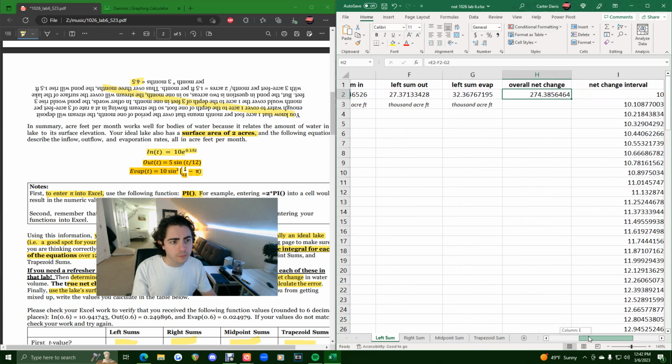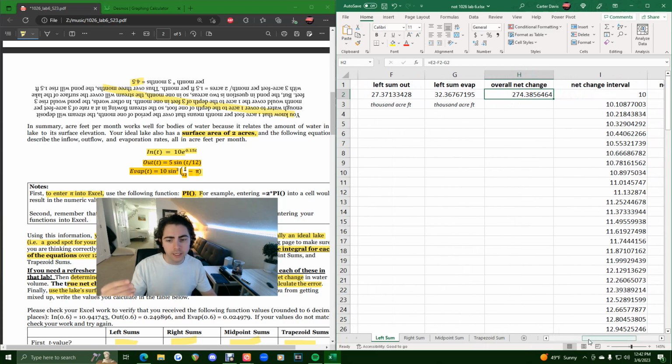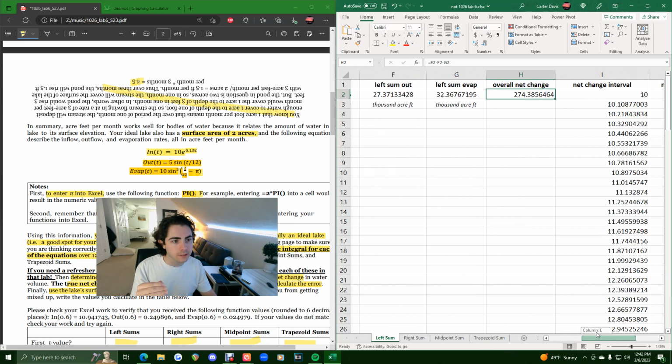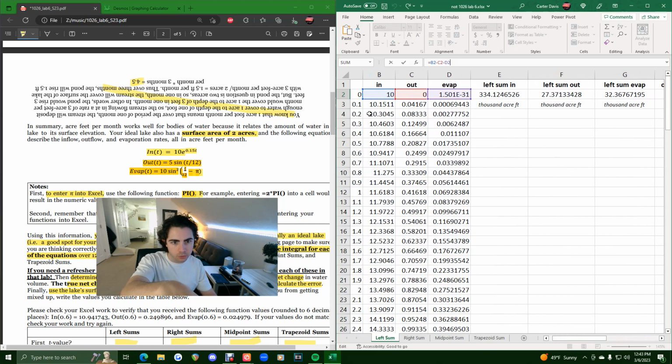And then I was confused by this net change interval. They don't explain it until later in the lab, so I'll explain it to you now because that would make more sense. So net change interval is the net change of the water, but over the individual time values. So for example, this 10 up here comes from, if we scroll over, B2, the 10 minus C2 minus D2.